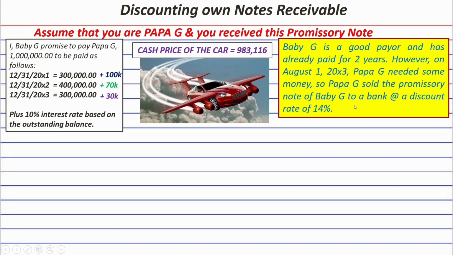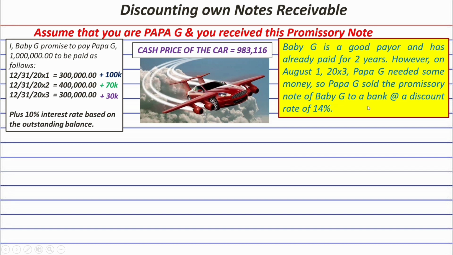And again, you as Papa G sold your notes receivable on August 20X3. So there are effects. So effect number 1, the responsibility and burden to collect this last 330,000 will be transferred already to the buyer. Okay? Now, effect number 2 is related to effect number 1, is that the buyer will want to earn from the transaction.